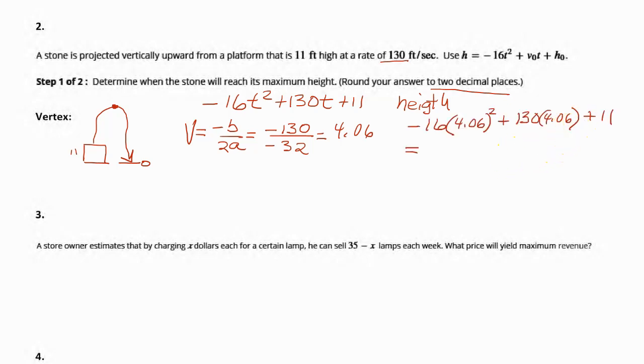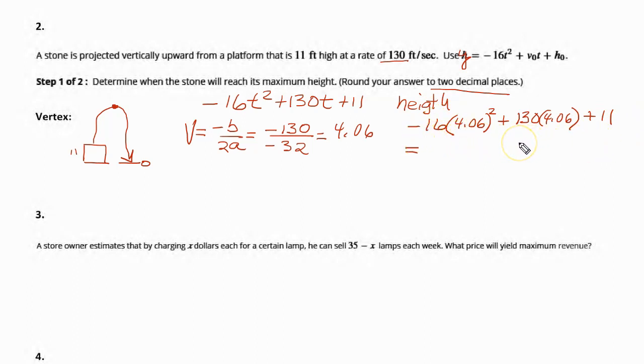Now, we had said in our flipped classroom video, you could put a y here. And we're solving, in a sense, if we have an x value of this, what would our y value be? Well, we put the 4.06 for the t squared, 4.06 for the t, and then plus 11, and you solve this.